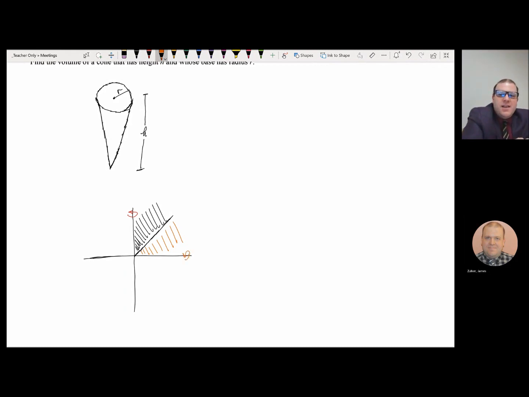Rotate that region about the x-axis, we're also going to get a cone. It'll just be a sideways cone, but a cone nonetheless. For this method, the easiest is to rotate about a horizontal axis. So I'm going to go with rotating about the x-axis.